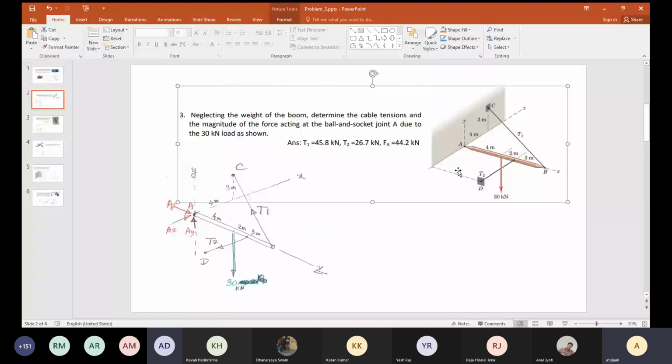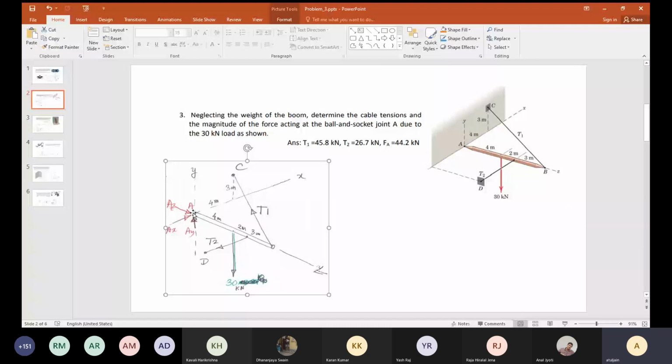So imagine a joint like that at A. It is held together by threads at B and at D. The mass of the stick, let's say, is 30 kilonewton. Now we want to find out tension T1, T2, and the net reaction at A. The free body diagram will look something like this, where due to the ball and socket joint, I have AX, AY, AZ. I have tension T1, tension T2, and a load of 30 kilonewton is applied.